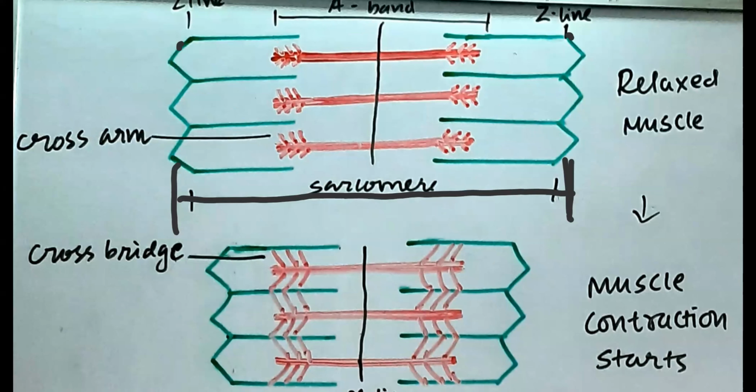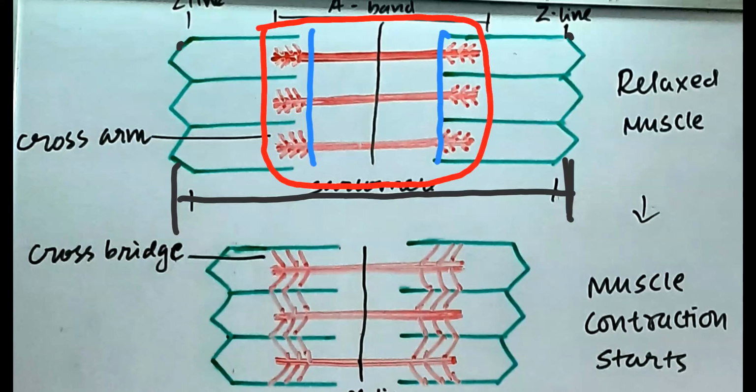And what do you call this area? The whole is A band, but this much exactly is the H zone, H band, Hensen zone, in which there are only thick filaments and no overlapping thick and thin together, only thick filaments.